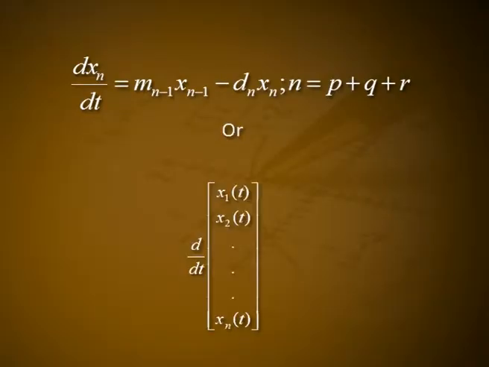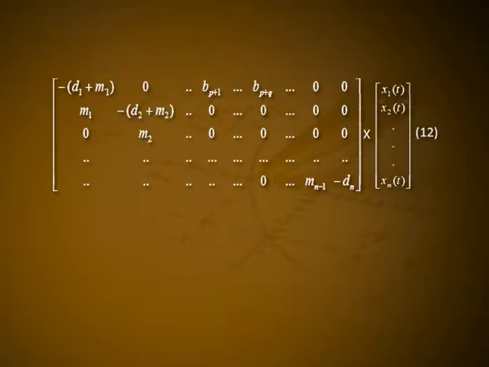That is d by dt of x1 of t, x2 of t, etc., xn of t is equal to the matrix with entries minus d1 plus m1, 0, etc., b p plus 1, etc., b p plus q, etc., and so on, into x1 of t, x2 of t, etc., xn of t, or dx by dt is equal to A into x of t, where A is a matrix all of whose diagonal elements are negative, all of whose main sub-diagonal elements are positive, q other elements of the first row are positive and all other elements are 0.